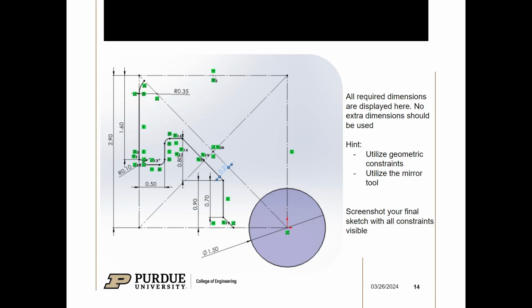I used the equal constraint for the square, so I did one dimension for one of the sides, and then I set this side and this side to be equal to each other, so that makes it a square with just one dimensional constraint. All these small radii over here are the same: the radius is 0.1, or the diameter is 0.2.